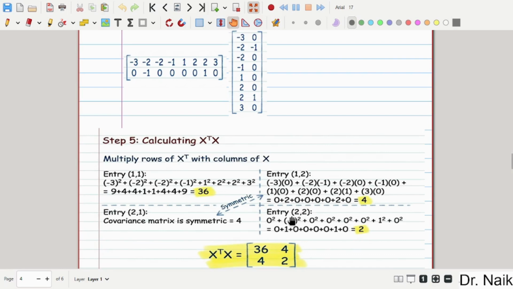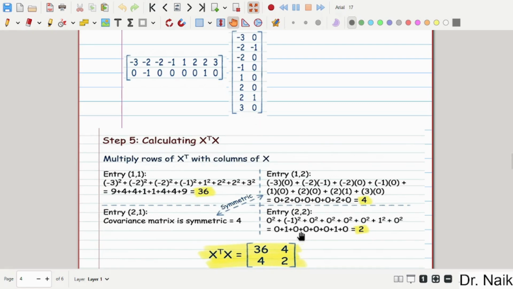Now calculate entry 2 2. 2 2 means second row and second column. This is calculated by 0 into 0, that is 0 square, minus 1 into minus 1, that is minus 1 square, 0 into 0, 0 into 0, 0 into 0 plus 1 into 1, 0 into 0.